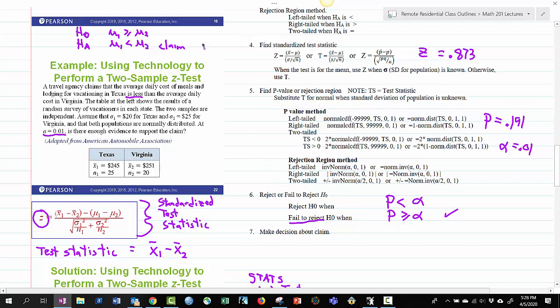Remember the claim up here matched the alternative, right? So since we failed to reject the null and the claim matches the alternative, there is not enough evidence to support the claim.